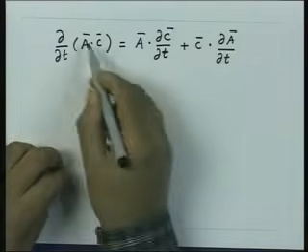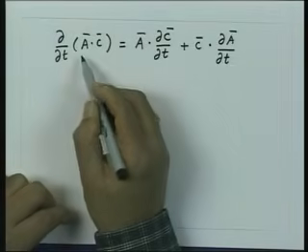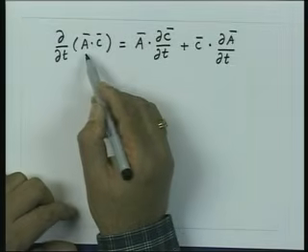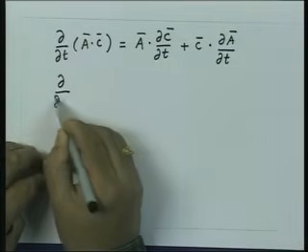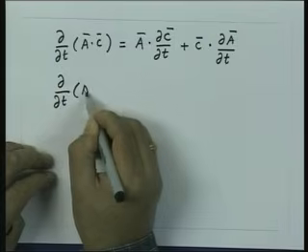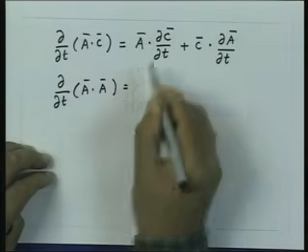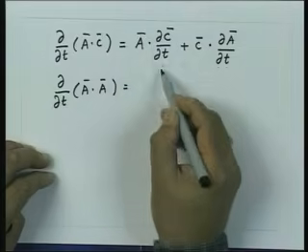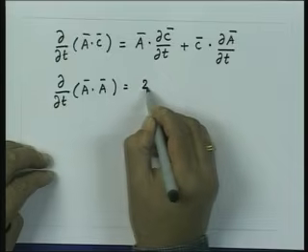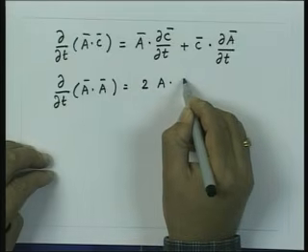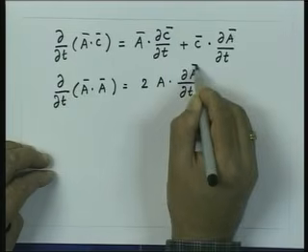This is true for any two arbitrary vectors A and C. If I take both the vectors the same as A, then I get d by dt of A dot A equal to A dot dA by dt plus A dot dA by dt. So, that quantity will be nothing but 2 times A dot dA by dt.